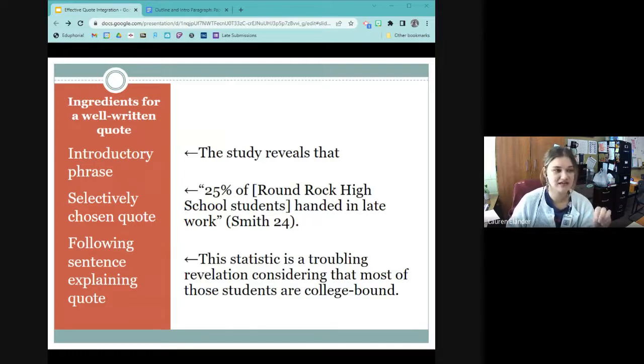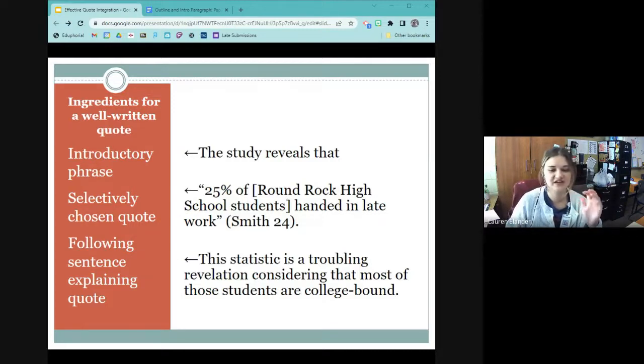If I'm making any adaptations that help make it more specific, like replacing "us" and instead I want to say "Round Rock High School students," you put those in brackets because I'm making this change right here. However, I'm making it for clarity, not to change the content of it. You are welcome to make adaptations that way. And also, if you're making a verb change, that's the same way you do it, by putting in brackets how you change the word.